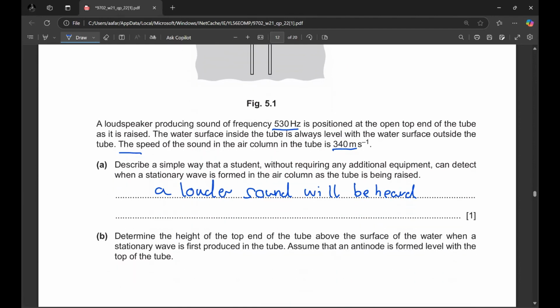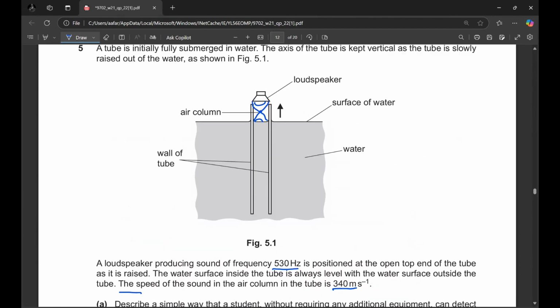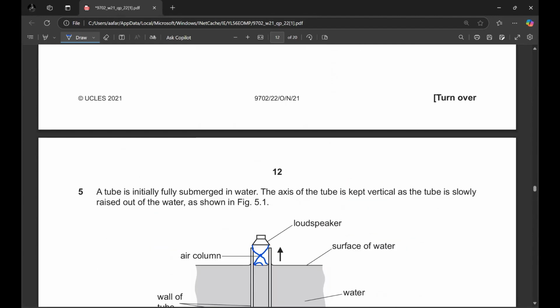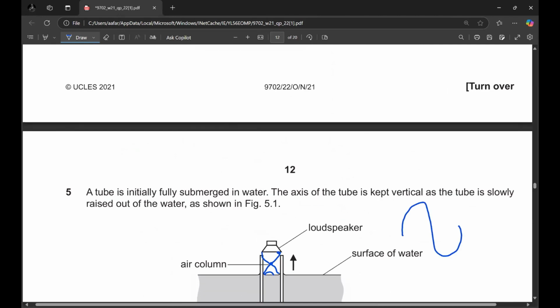Determine the height of the top end of the tube above the surface of the water when a stationary wave is first produced in the tube. Assume that an antinode is formed level with the top of the tube. Basically, there are no end corrections. So the antinode is being formed over here, and in a wave we have the first node, and then we have the antinode. This is what the stationary wave is going to look like, something like this.